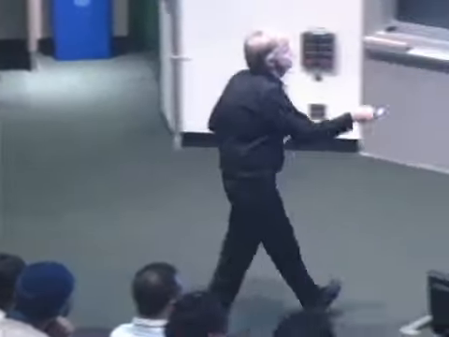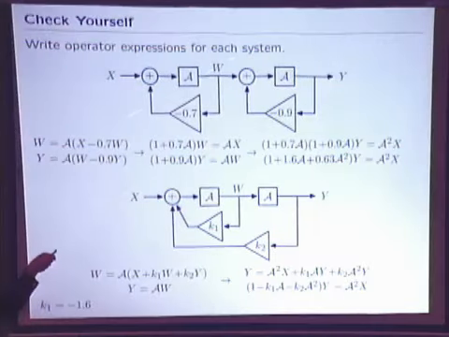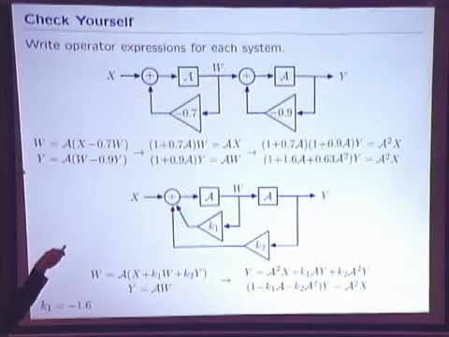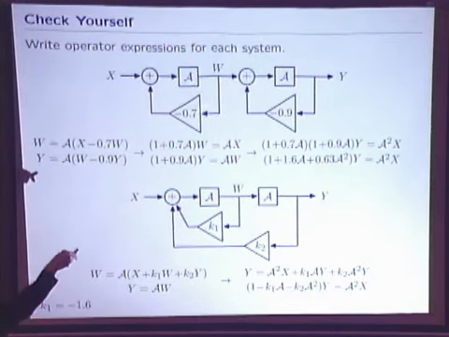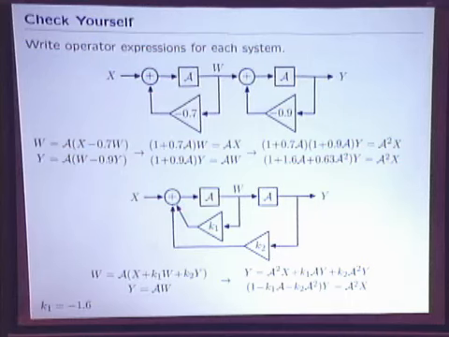So you can look at the first one, and you can say, okay, W is the signal that comes out of A operating on X minus 0.7 W, right? So that's what that adder says. And you can similarly do this box. It looks the same. Treat them as polynomials, and you can reduce it to some equivalent form.